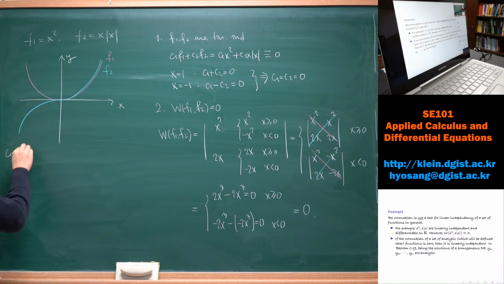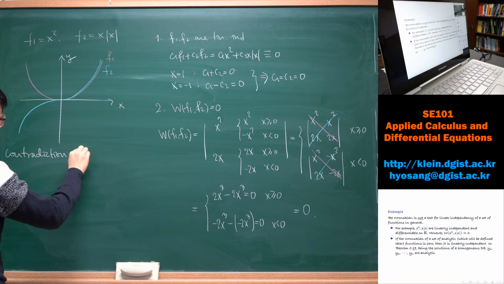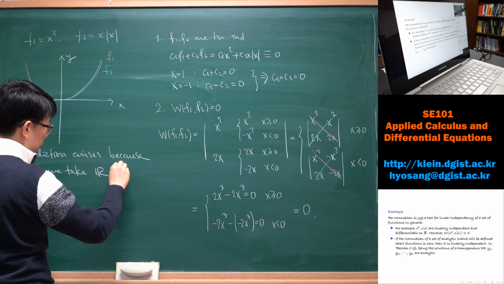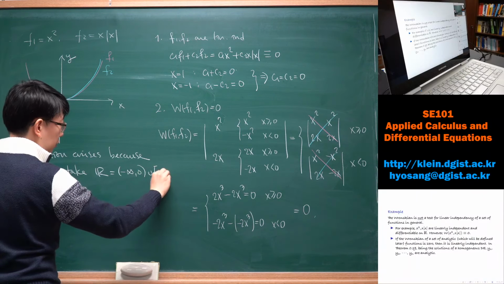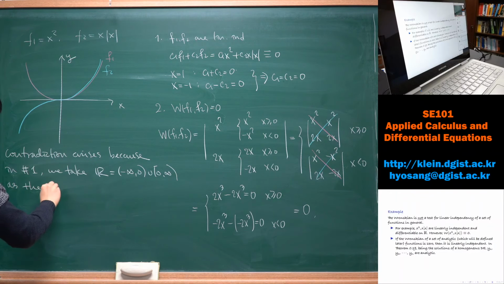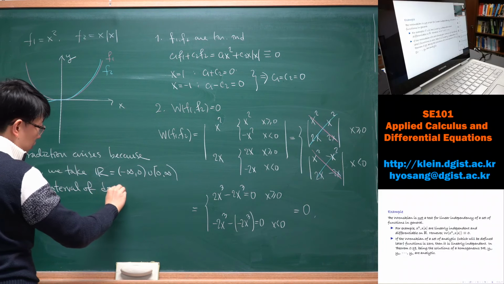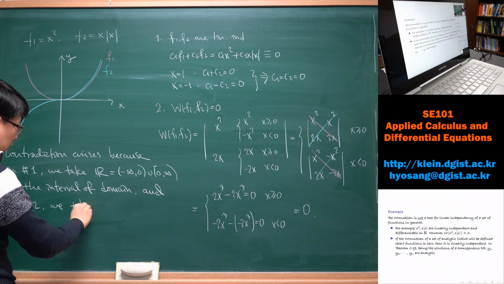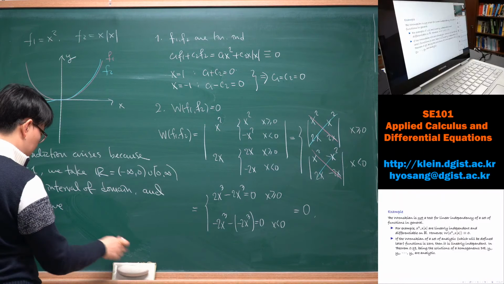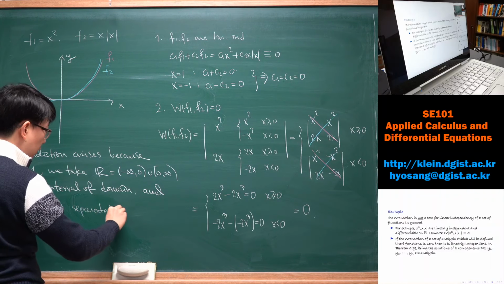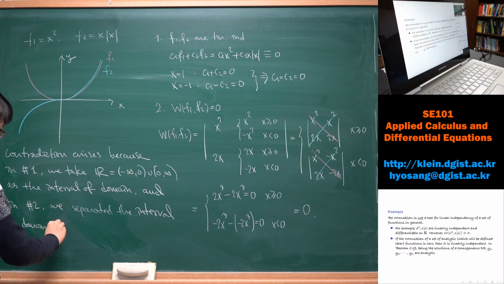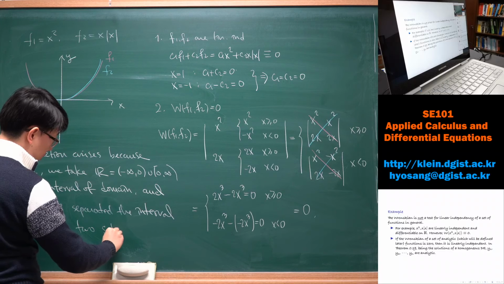So the contradiction arises because in the first claim, we take R, the entire line from negative to positive, as the interval of domain, and in the second claim that the Wronskian is 0, we actually separated the interval of domain into two sub-intervals.